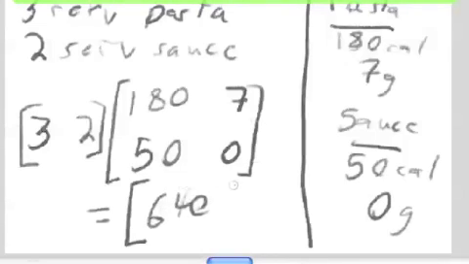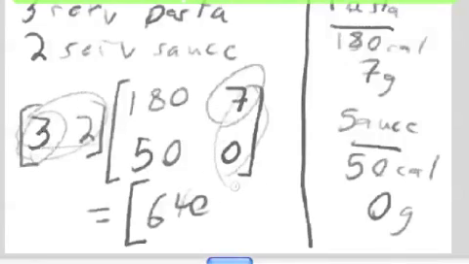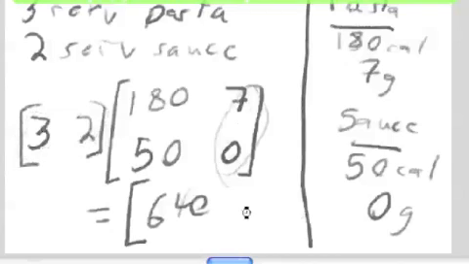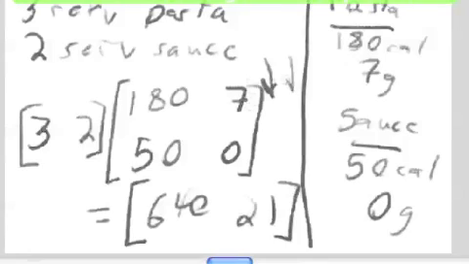But now there's a second column, which we multiply by that row, so 3 times 7 is 21, plus 2 times 0 is 0, so 21 plus 0 gives us 21 grams of protein, and that's just what we figured out. Of course, if we wanted to, we could add more columns in here.